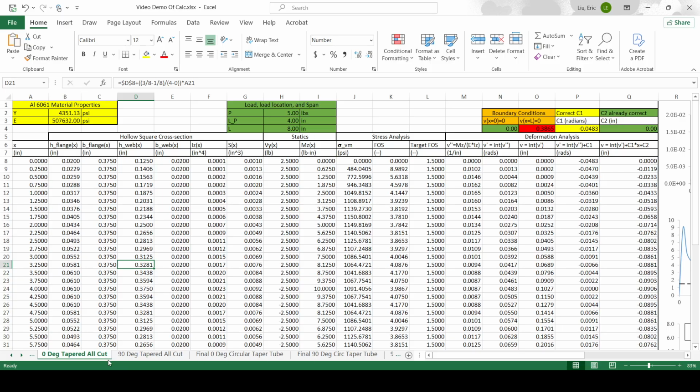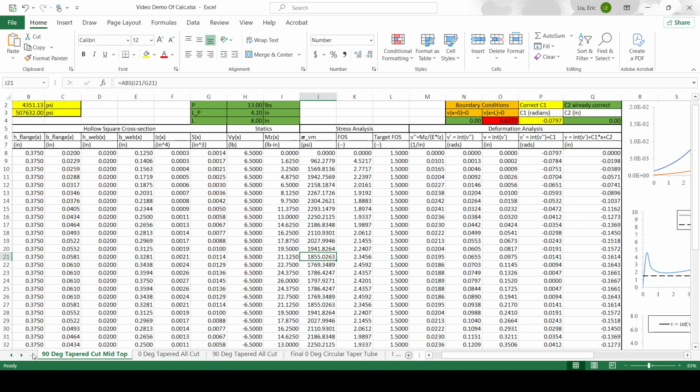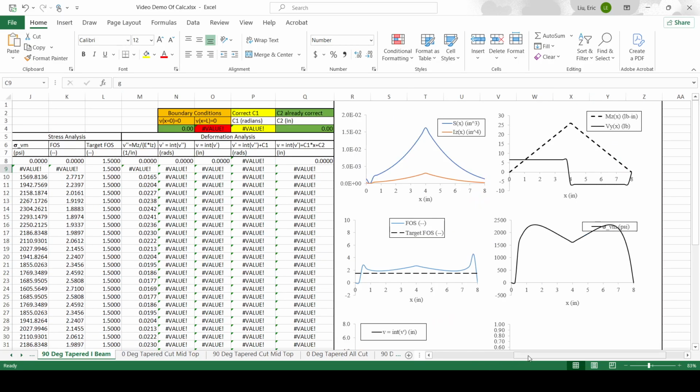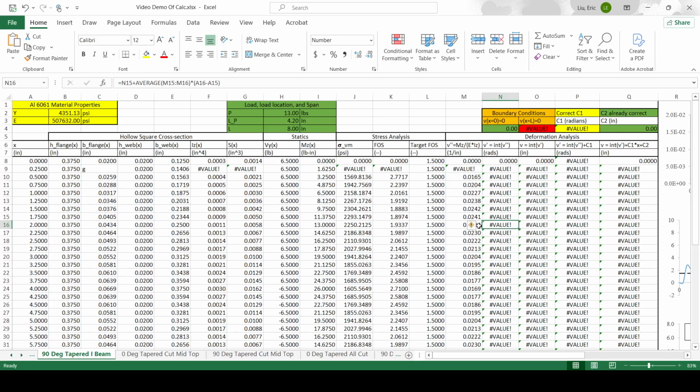So for example, we have the I-beam design. Ignore the hashtag value exclamation marks everywhere. But the fact is that we have a design that is not uniform.